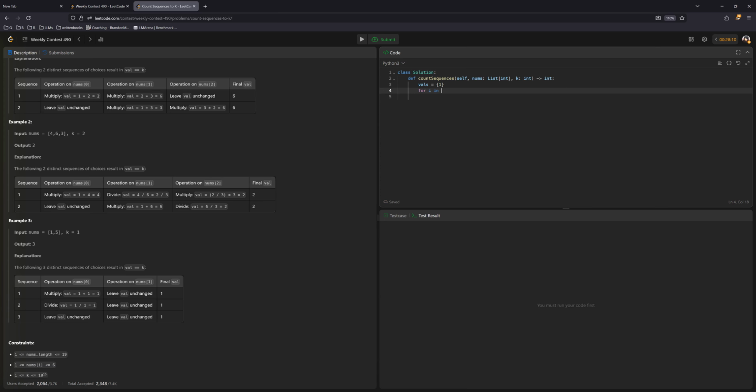So we're going to say for i in nums, is there ever a reason we would want to divide first? No, I don't think so. I think we could always divide after.